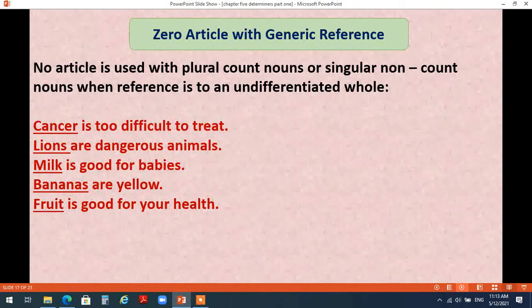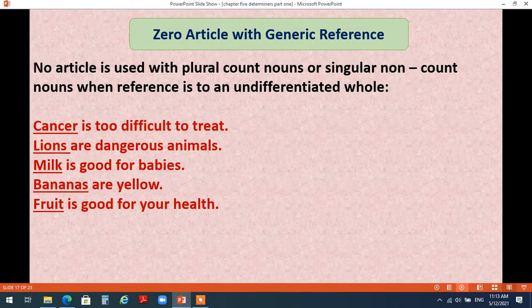Lions are dangerous animals. هنا استخدمنا plural count noun اسم معدود في حالة الجمع للإشارة إلى the whole class of lions للإشارة إلى جميع، خلينا نقول الأسود أو للجميع فئة الأسود في العالم. When we say milk is good for babies أيضا هنا تأتي الإشارة إلى milk in general الحليب بصورة عامة فاستخدمنا singular non-count noun.